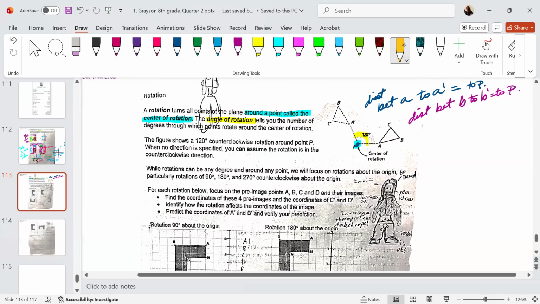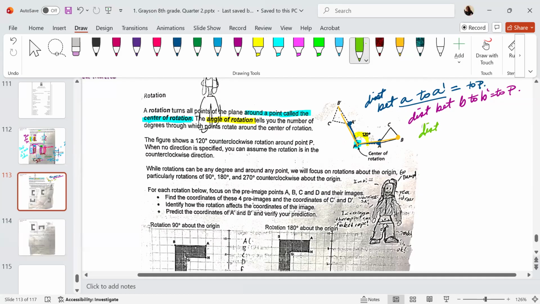So let me show you what I mean by that. The first part right here, from this point A to the point P, and from P to A prime. Do you see how it's exactly the same distance? Okay, next one, B. The distance from B to P is going to be the same distance from P to B prime. Do you see that? Same thing here.